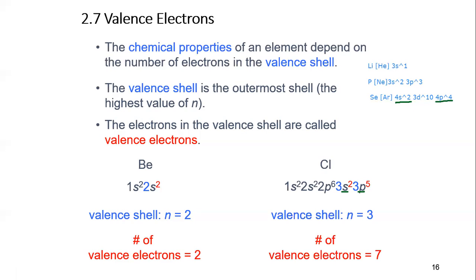And so as you go from left to right on the periodic table, the number of valence electrons increases. When we're just talking about main group elements, the total number of valence electrons you can have is 8. You can't go higher than 8 for main group elements. Again, main group elements are those such as group 1, group 2, and group 13 or 3A through 18, or you call it 8A.